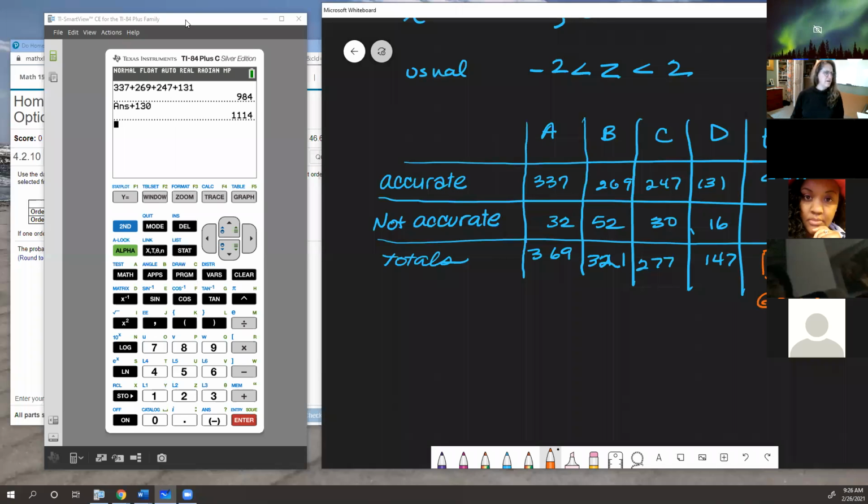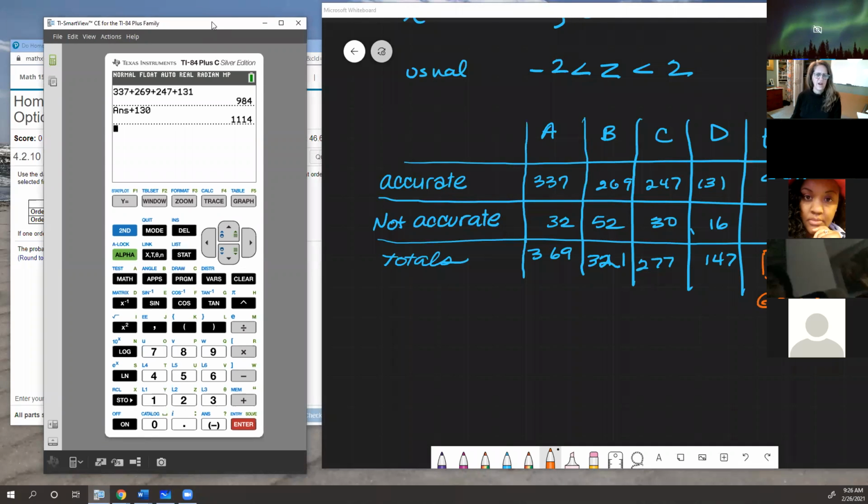All right. So the question is, find the probability of getting an order that is not accurate. Okay, so an order that is not accurate. All right, I'm looking at this number here, right? So how do we write that as a fraction? 130 over 1114.